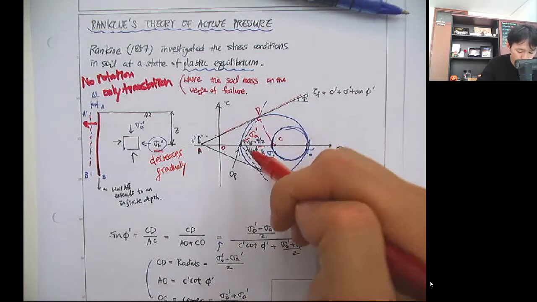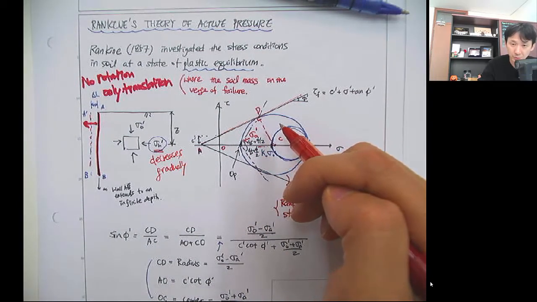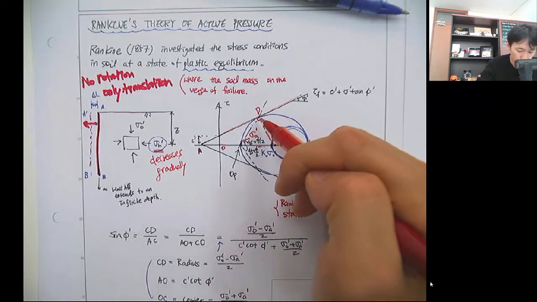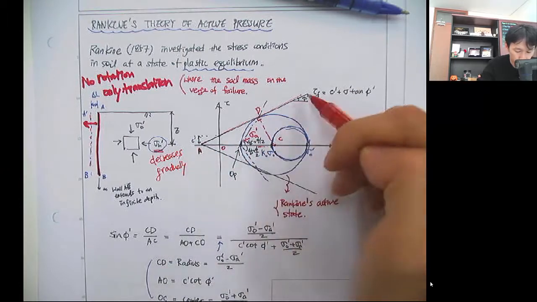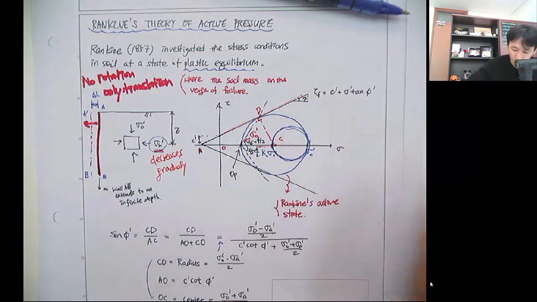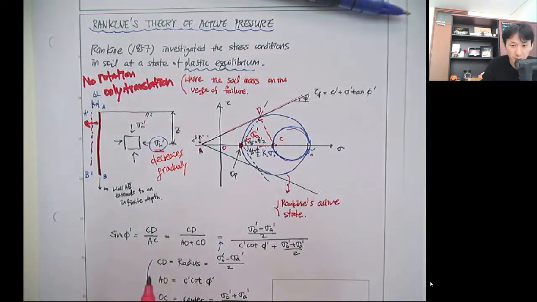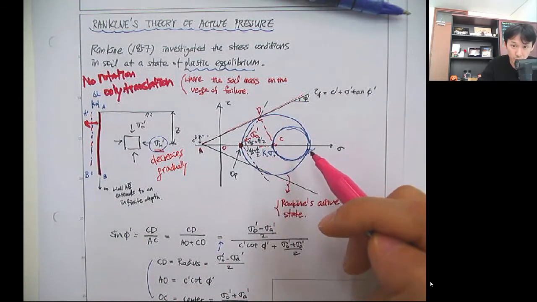Then let's assume that this is the plastic equilibrium that the soil is experiencing. Then from some trigonometric relation, we can calculate sigma h, or sigma 3, the minor principal stress, at this condition.